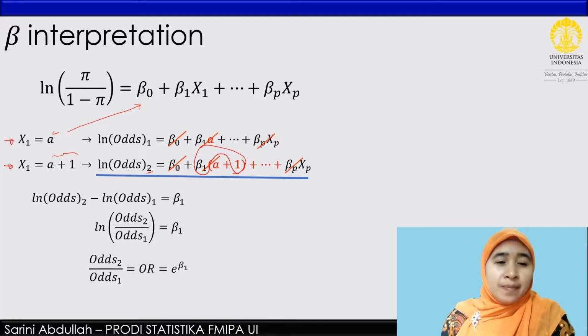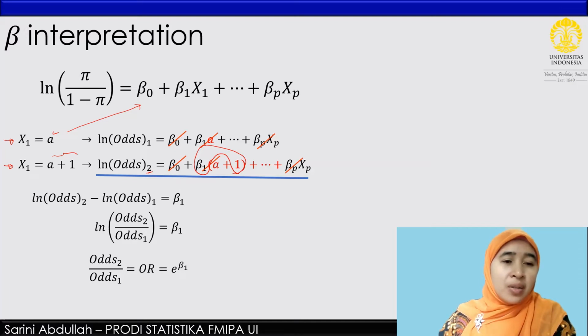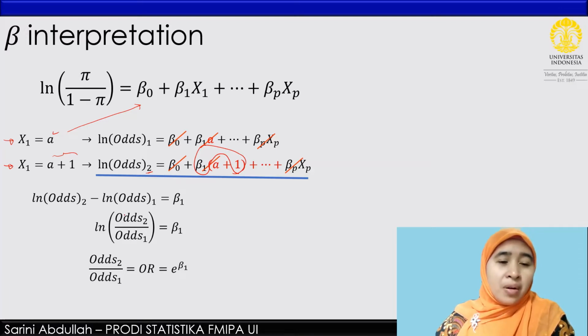We don't like having the logarithm function here, so how do we cancel it? We just take the exponential. So odds 2 over odds 1 is given by e to the power of beta 1. The ratio of odds is very well known as the OR, which stands for the odds ratio.